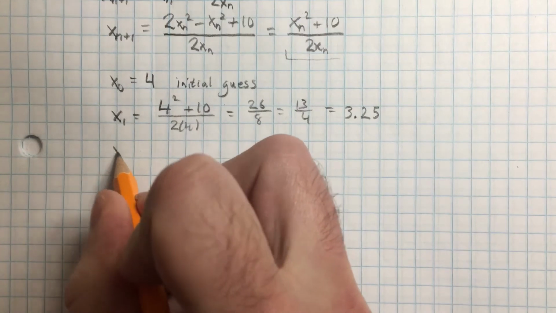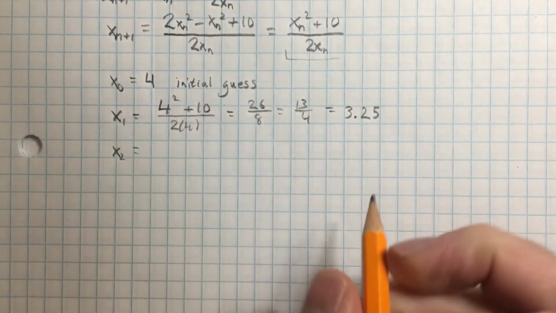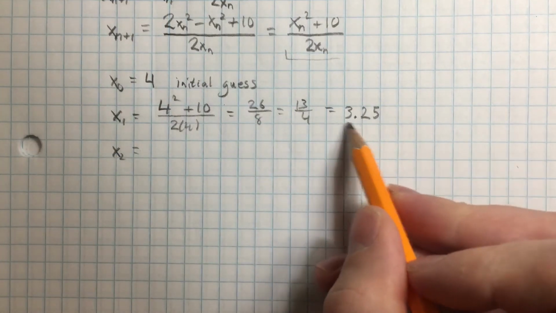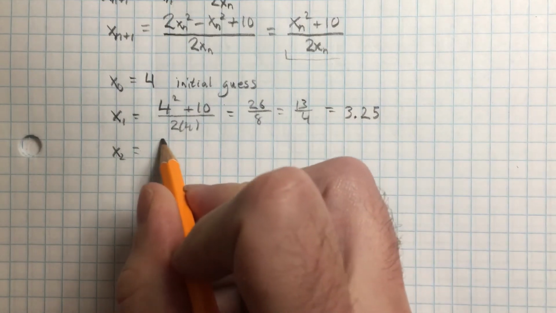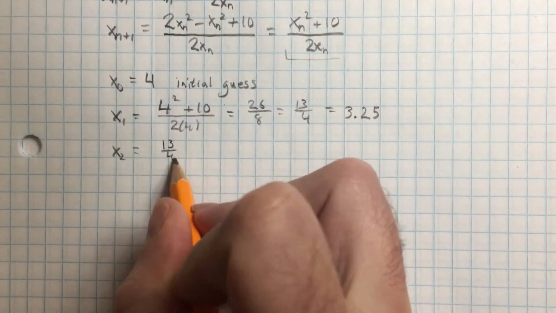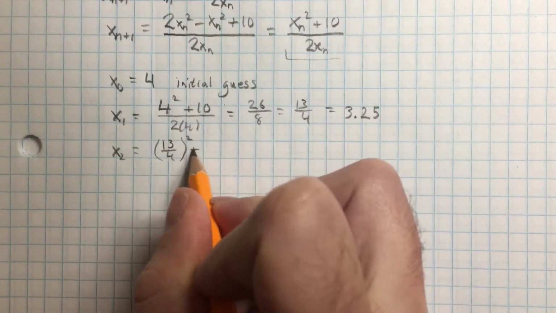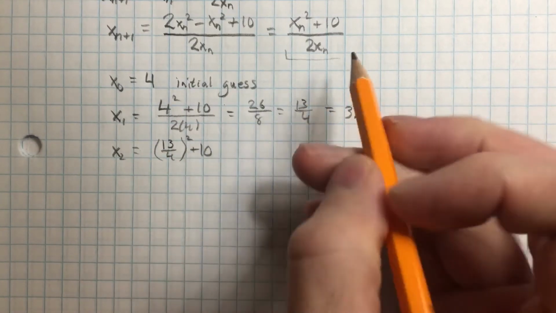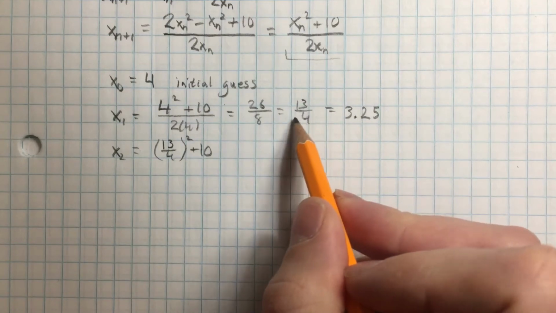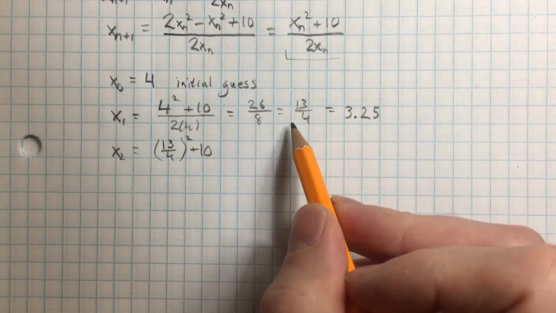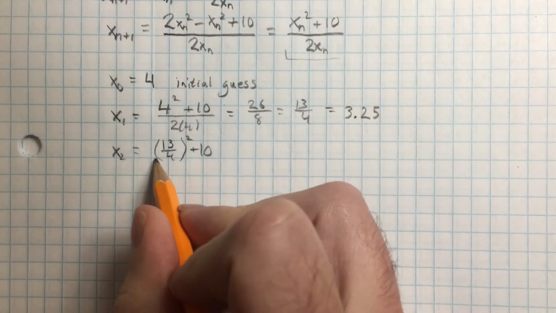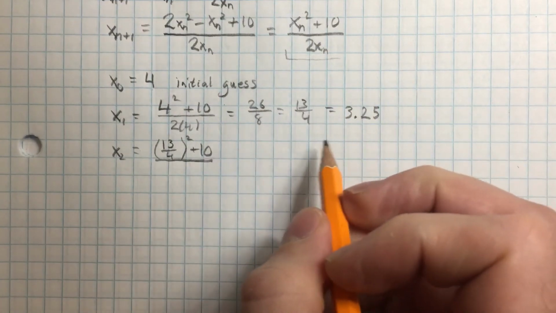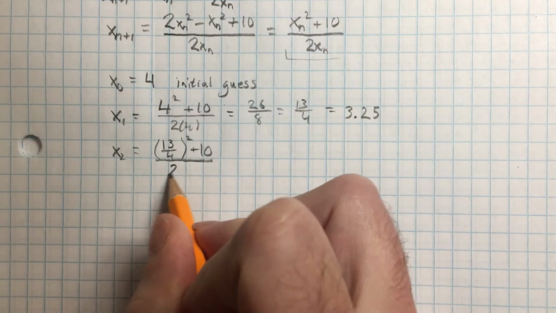So x2 will be this value. I'm not going to use the decimal, I'm going to use the ratio here, 13 fourths. 13 fourths squared plus 10, just reusing the exact same formula with 13 quarters, our second result here. I'm counting this one as the first one, in a sense, into that Newton function. So 13 fourths times 2.